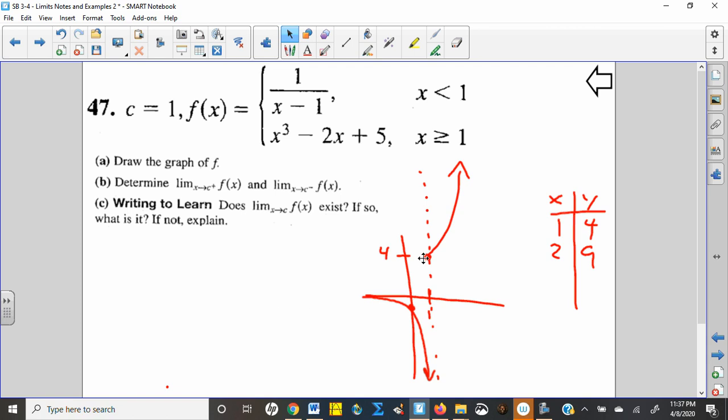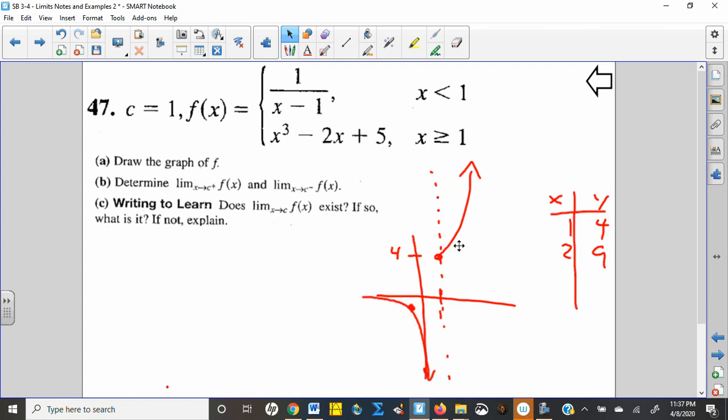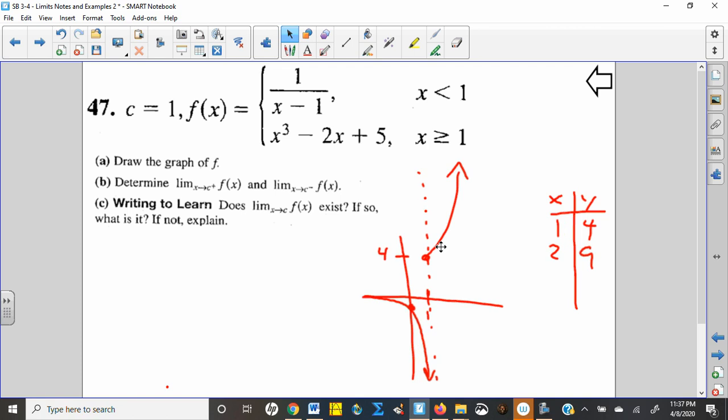And so I started at a height of 4, and then it's going up like a cubic would. So this is kind of a mix between a jump discontinuity and an infinite discontinuity, but it's different. The right limit is just approaching a height of 4, but the left limit is approaching negative infinity.